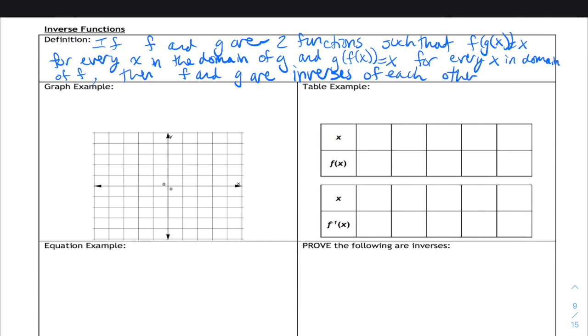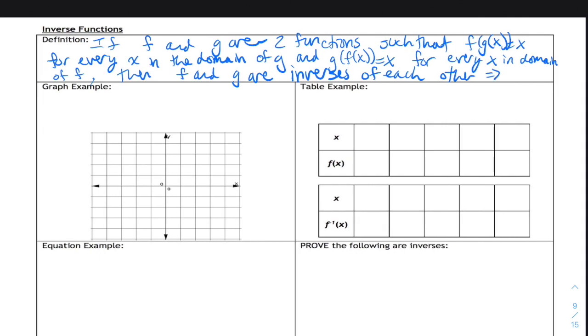Kind of a mouthful here. Okay, so we also want to take a look at the inverse, which could be written here as this. This is the inverse of f.